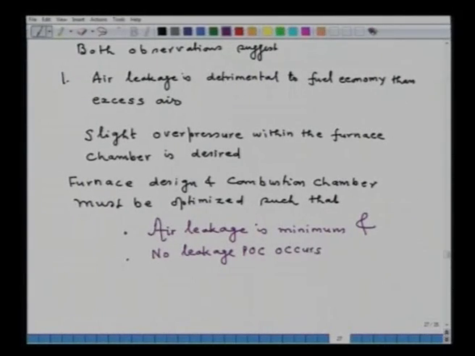Mind you, the products of combustion in many instances contain CO also. It is highly hazardous, and if one is not careful, it will pollute the environment. So, in this respect the air leakage should be minimum and no leakage of POC should occur.